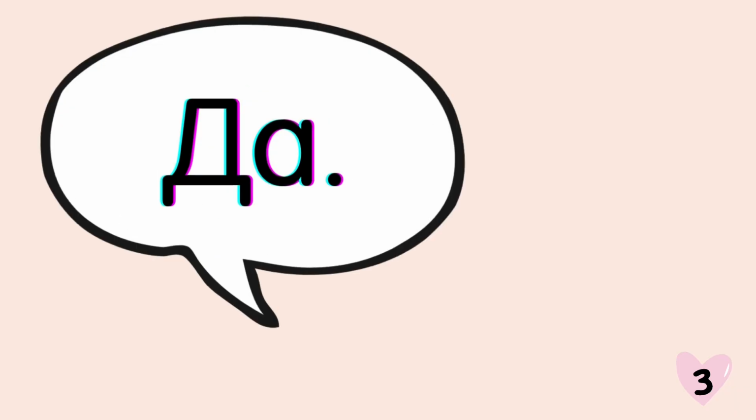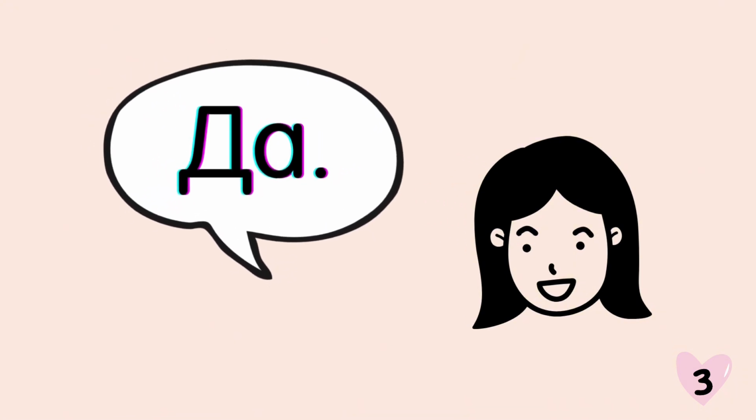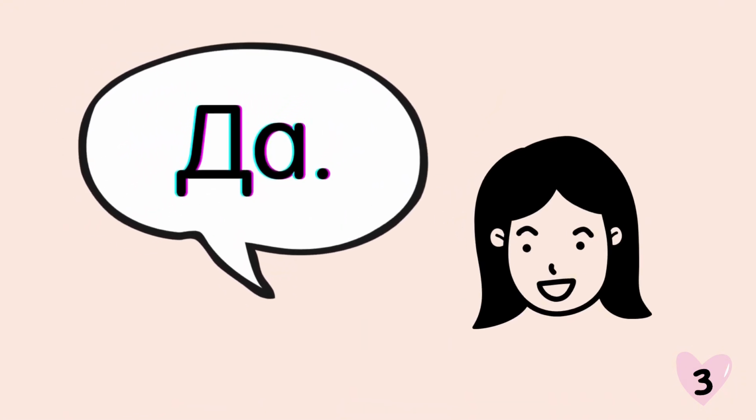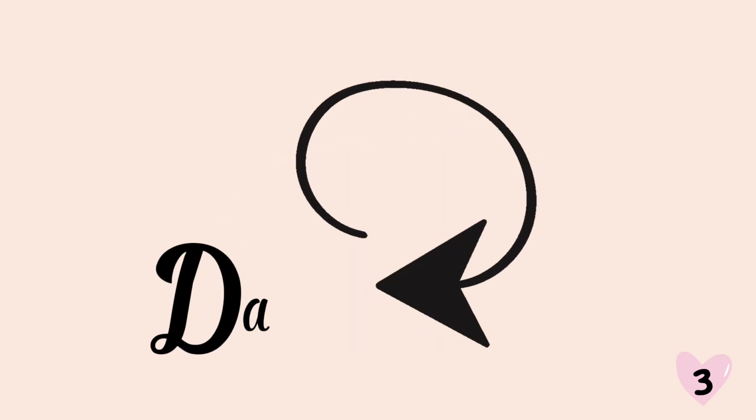But in Russian, it's completely unnecessary. We just say da and that's it, full stop. The context usually makes the meaning clear without needing any extra words. Alright, let's continue with the new stuff. And we'll come back to the word da a bit later.